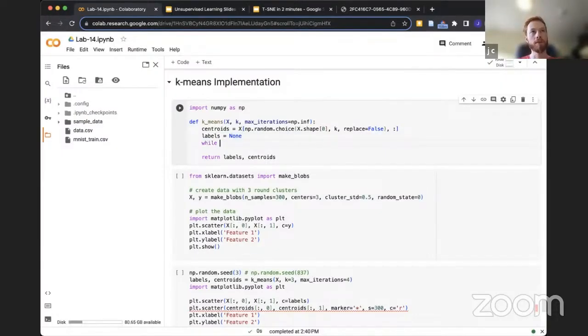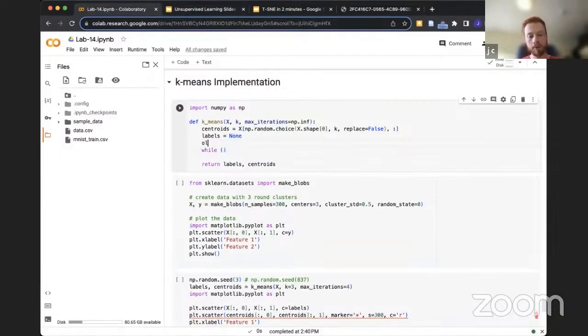And initially our labels are none because we have not assigned anything yet. And now we kind of have to check, are our old labels the same as our new labels? The first iteration is a bit odd because we don't have any labels yet.